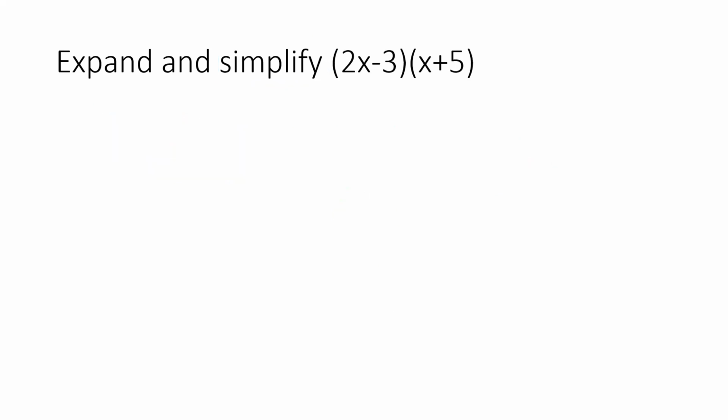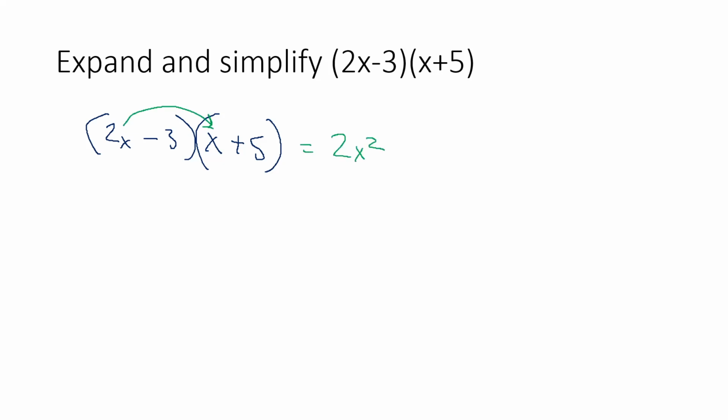And it works just as well with one of these harder questions. So again, let's write out the bracket. So here we have 2x and x. What's 2x times x? 2x times x is simply equal to 2x squared.